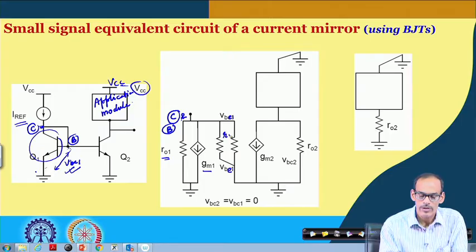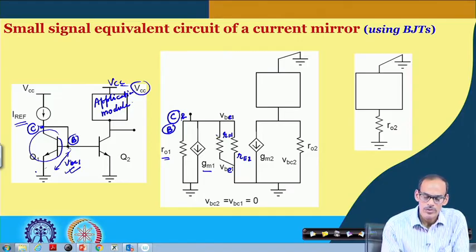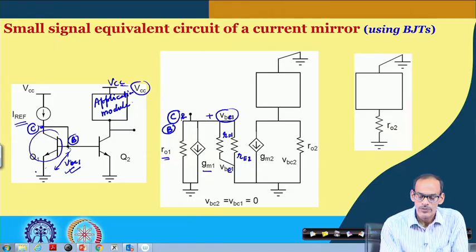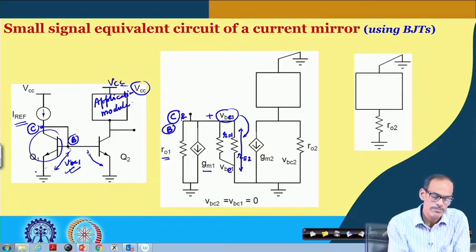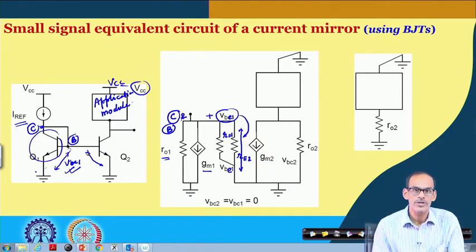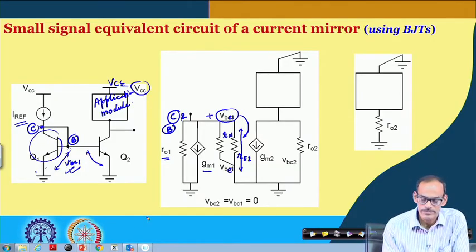Here we have R pi 1, and then we have R pi 2. So, these two resistors come in parallel, and whatever voltage we have here is VB1. In fact, the voltage across this VB1 is the voltage here, and that VB1 incidentally is the same as VB2, or rather VB2 is equal to VB1.